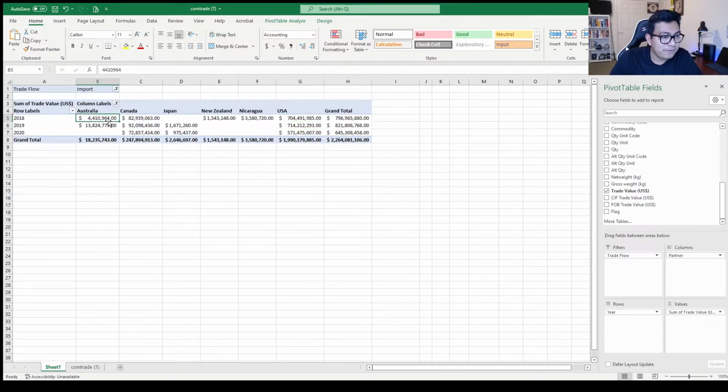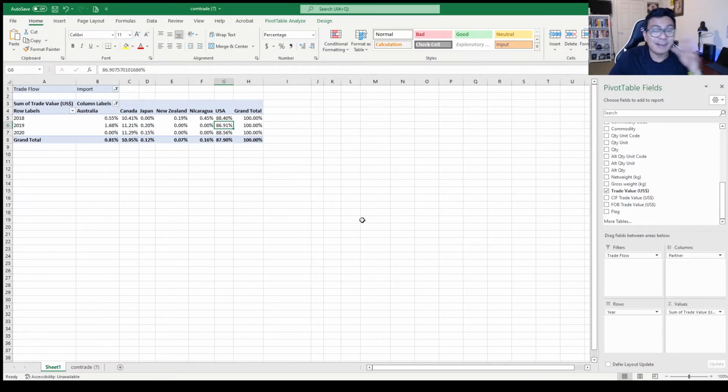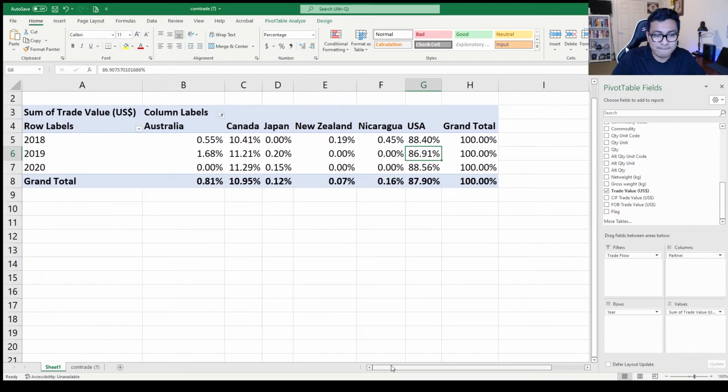But if you wanna analyze more in an easy way, let me show you this part. You can visualize this in terms of percentage of the row. Let's do it. And now it's an easy way how we can analyze this data.